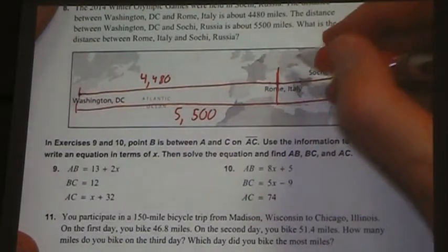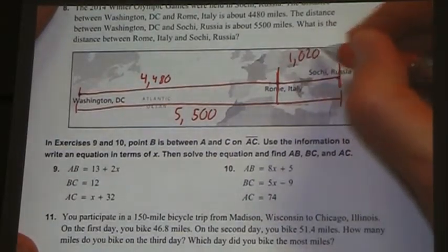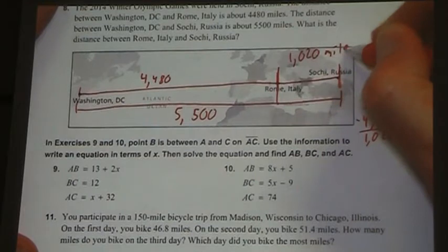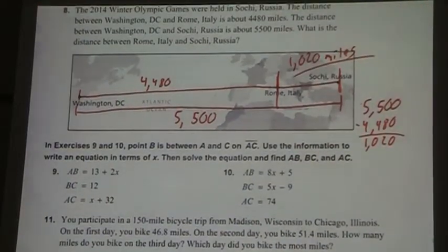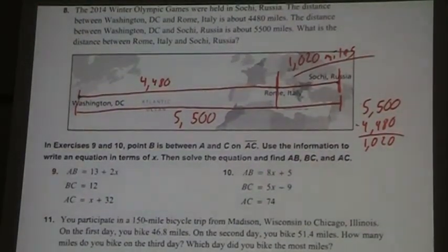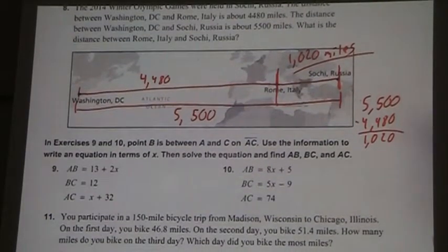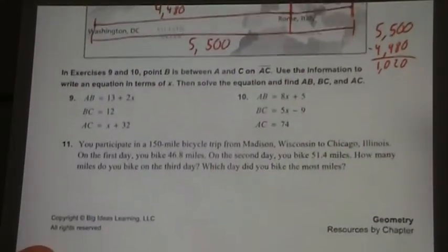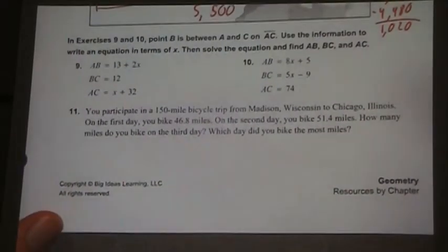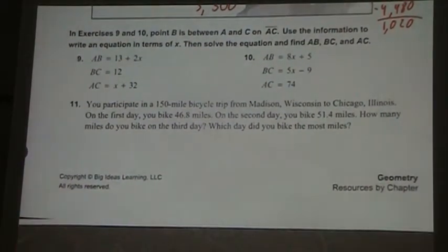So we'd say 1,020 miles. Again, if you draw a picture with these, the answer will sometimes pop out. And especially on these, you really do need to have some scratch paper.